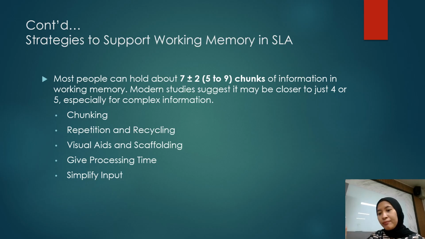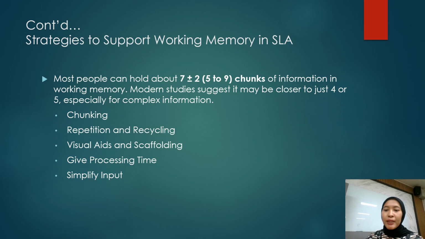We can divide the information, especially complex information, into several short pieces of information. So the information will be easier to process. The second one is by doing repetition or recycling.